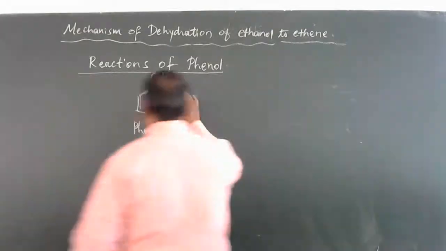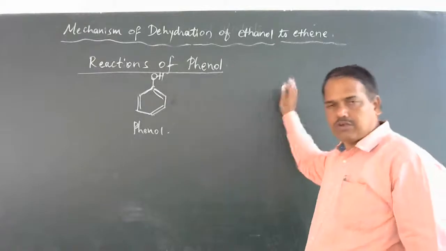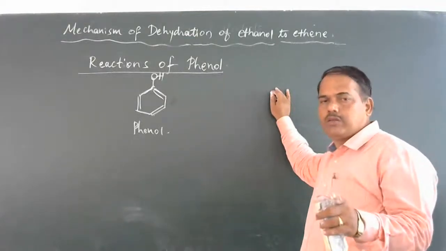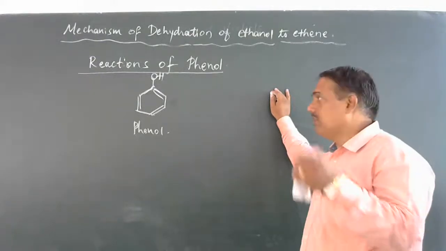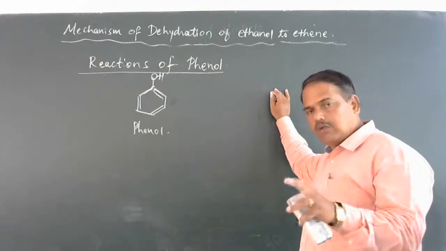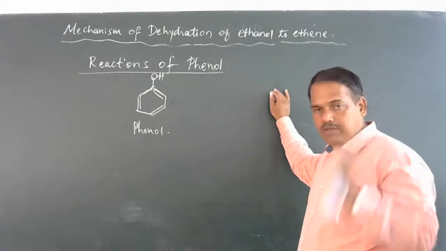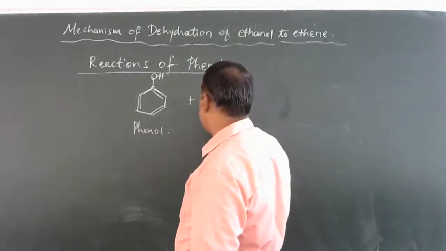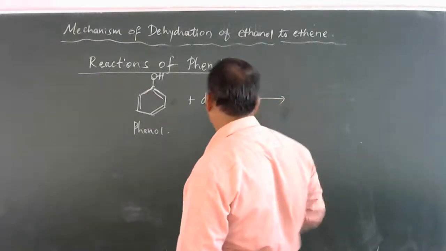So it can easily undergo electrophilic substitution reaction. Are you clear? When phenol reacts in nitration, that is with dilute nitric acid, and even with concentrated nitric acid, in dilute nitric acid the ortho and para products are predominant. When phenol reacts with dilute HNO3, what are the products?